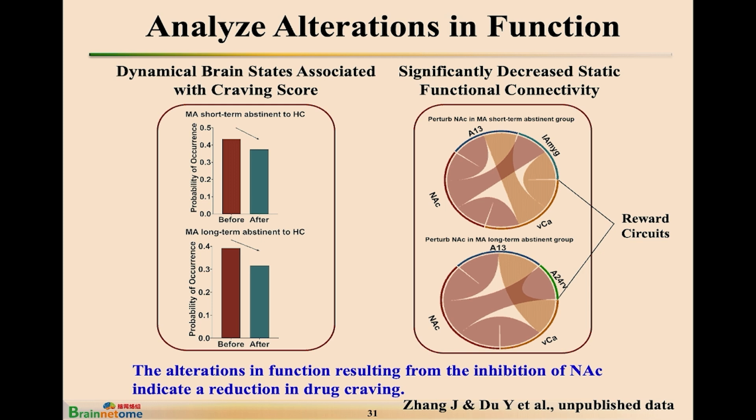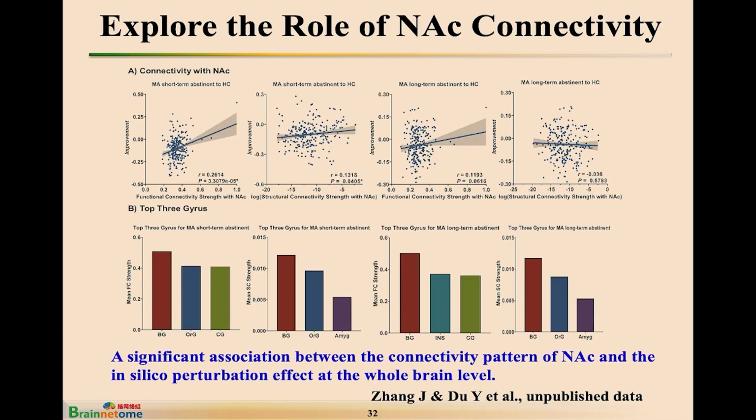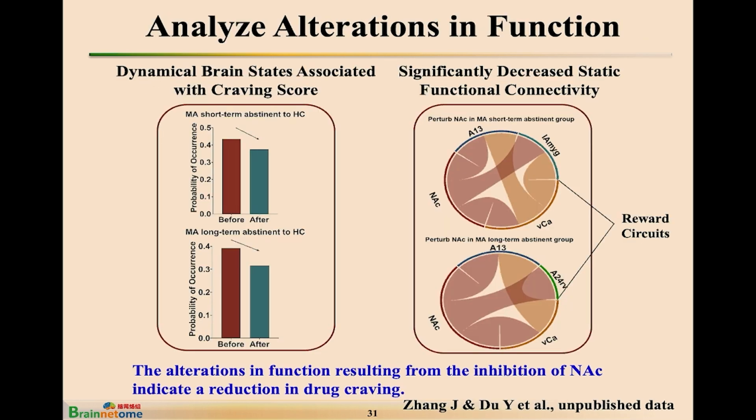If clinicians just try to select this part, this is very consistent with clinical practice. More importantly, if we cannot stimulate the nucleus accumbens, maybe another one, for example on the cortex, if we just want to use TMS to stimulate it, which one is best?